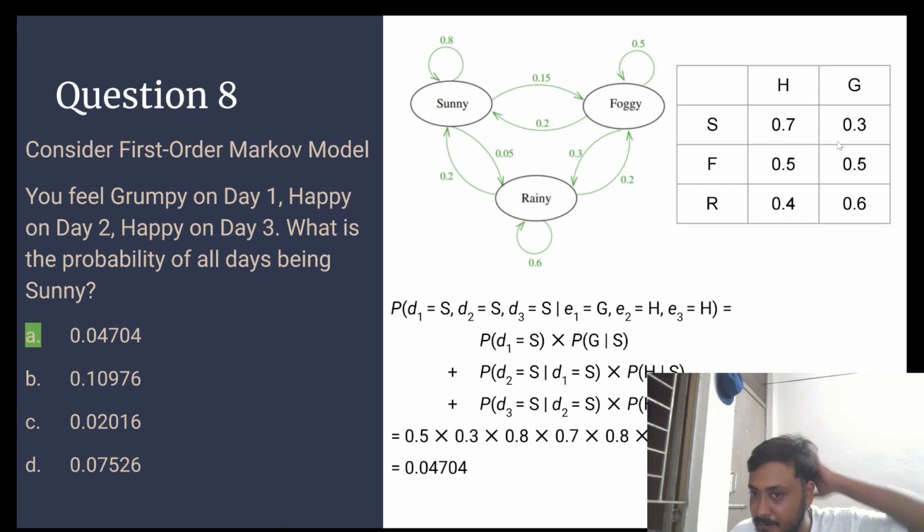I'm again trying to equate how happy and grumpy and sunny, foggy, rainy map to what they actually mean if the problem was something different, not about the weather and emotion. So in POS tagging, the states are the words, and these are like the probability of the word being a verb or a noun or whatever. So the tag. Okay, so that is about first order Markov models. If you have any doubts, you can ask.